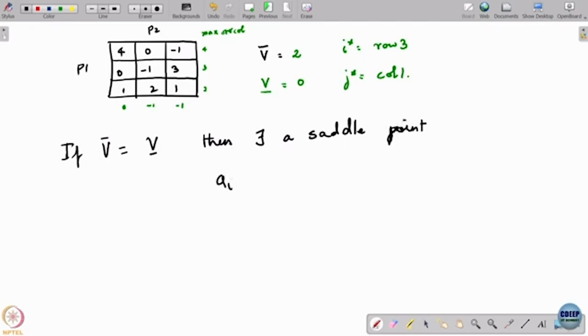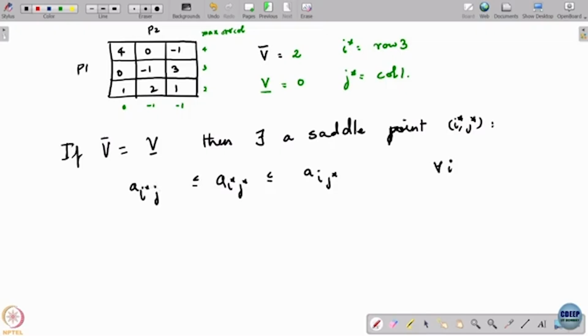What is a saddle point? A saddle point is a pair of strategies I star j star such that A I j star, so A I star, if you look at it from the point of view of the row player, the row player is better off playing I star in response to j star, and the column player is better off playing j star in response to I star.